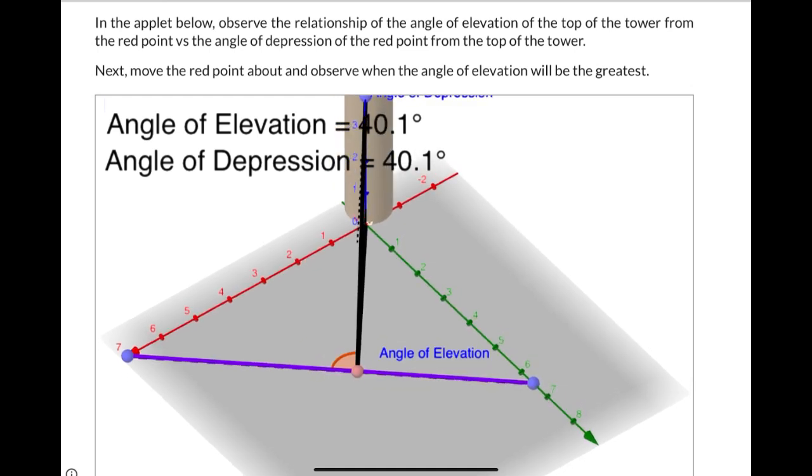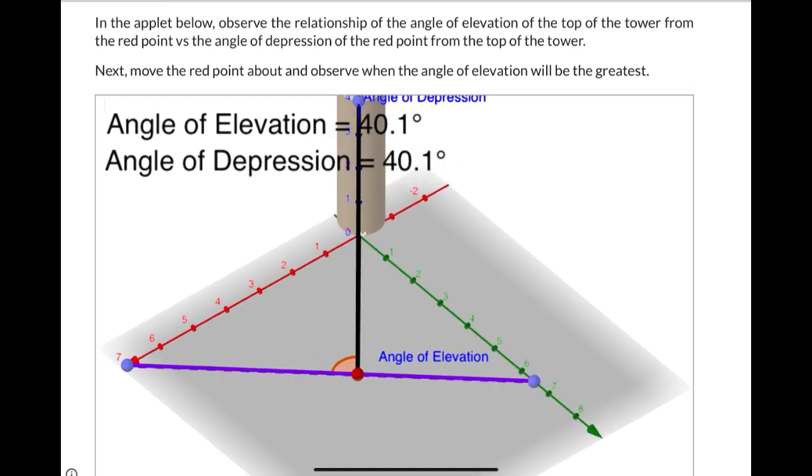From here, I'm not sure if you are able to see the relationship between the line from the base of the tower to the purple path. This angle in orange here, you can see is actually 90 degrees.